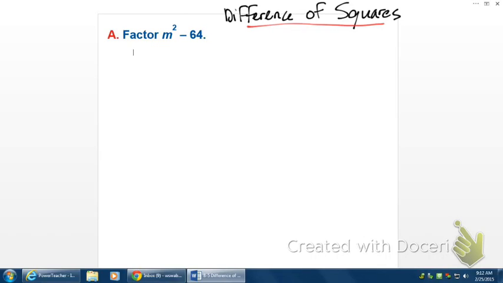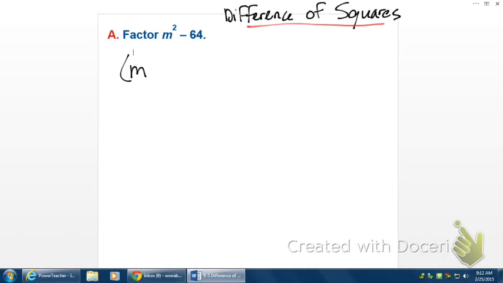Now let me explain how to factor this. It's pretty simple. When you recognize that both these numbers are perfect squares, the only thing you need to do is ask: what's the square root of M squared?